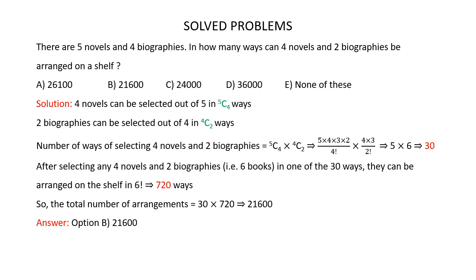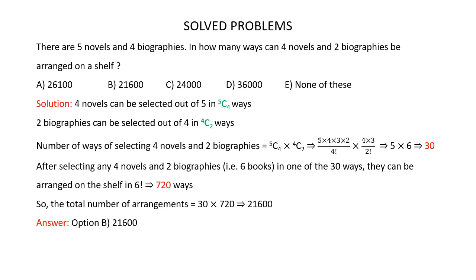So here, out of 5 novels and 4 biographies, first you have to select 4 novels and 2 biographies. Now, since here selection is being done, the concept of combination has to be used.